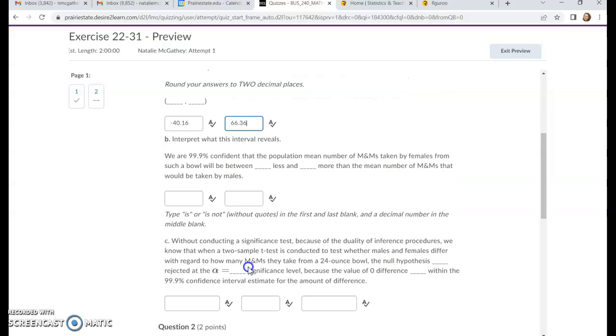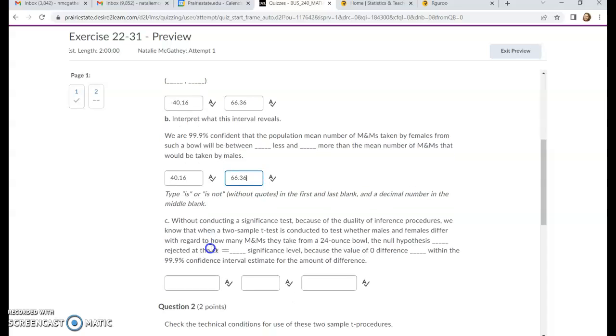There we go. So what does that mean? We are 99.9% confident that the population mean number of M&Ms taken by females from such a bowl will be between 40.16 less and 66.36 more than the mean number of M&Ms that would be taken by males.